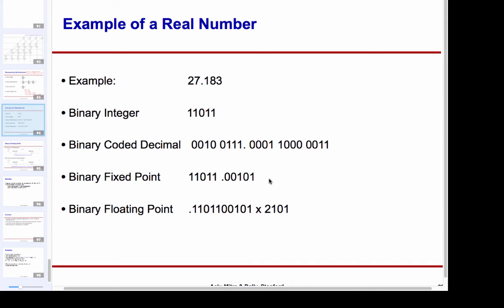So this dot is as if I had an integer which I had divided by a certain power of 2. In this particular case, by 2 to the power 5, so by a factor of 32.